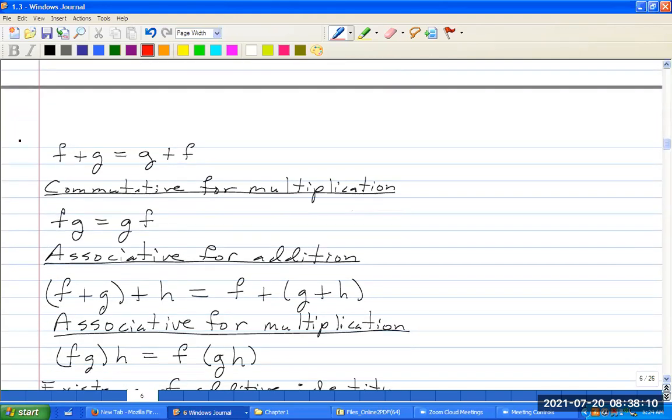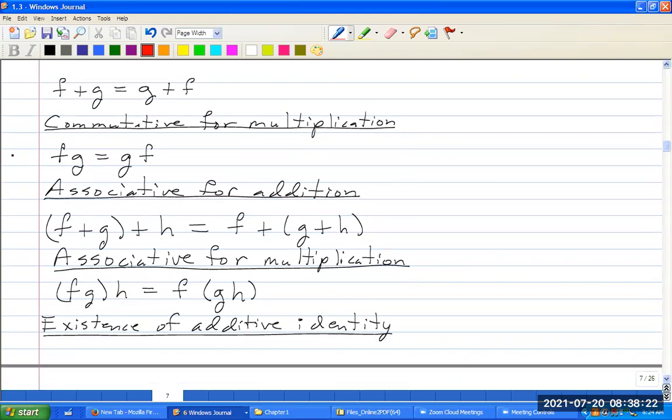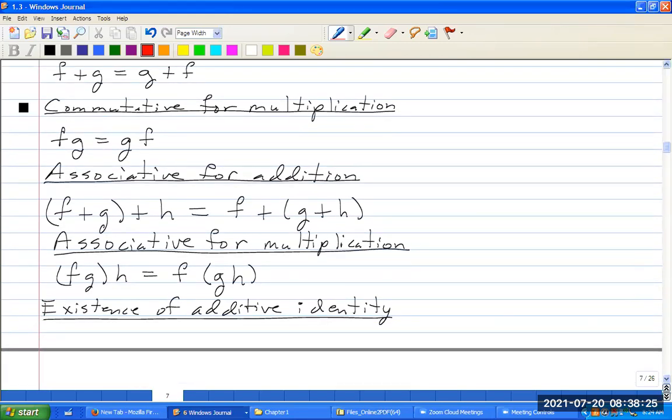Suppose f and g are functions, then f plus g is the same as g plus f. The commutative property for multiplication. Again, suppose that f and g are functions, then f times g is the same as g times f.